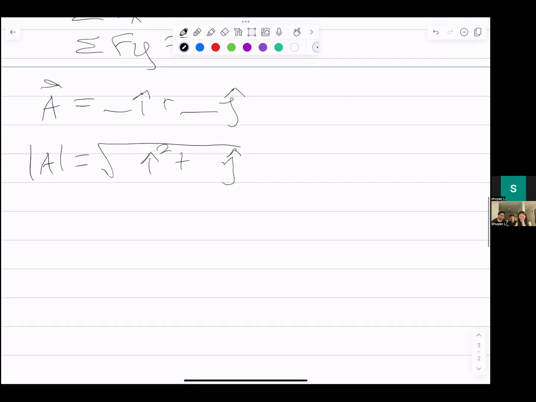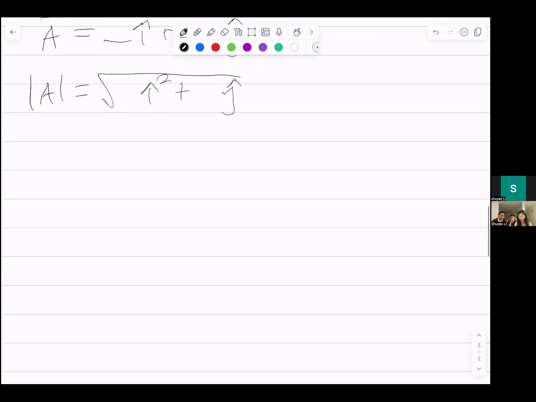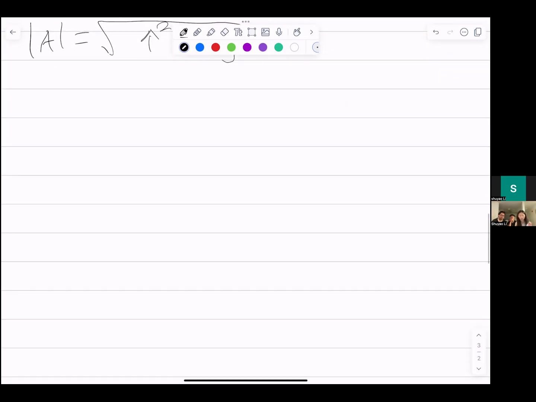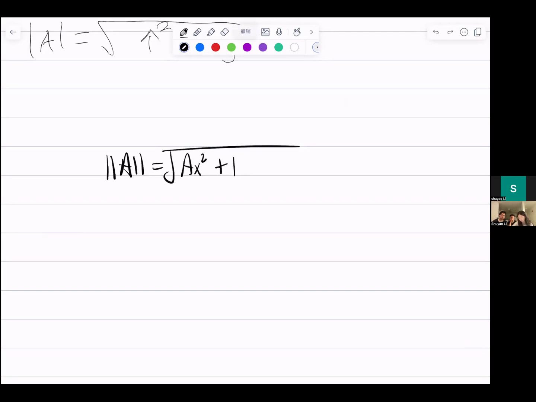And as Christian went through, we need to know the magnitude of Cartesian vectors, which is the square root of A X squared plus A Y squared plus A Z squared.